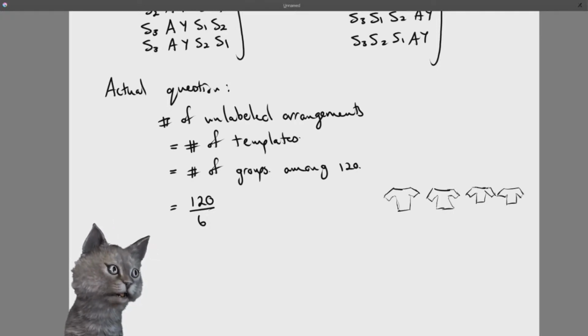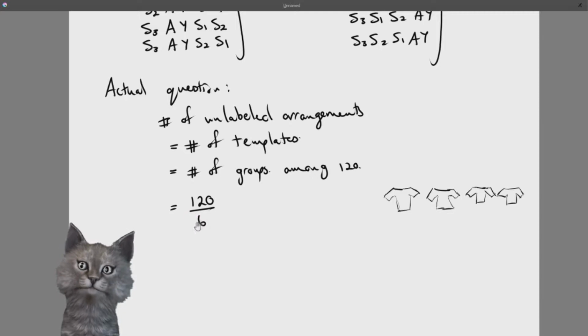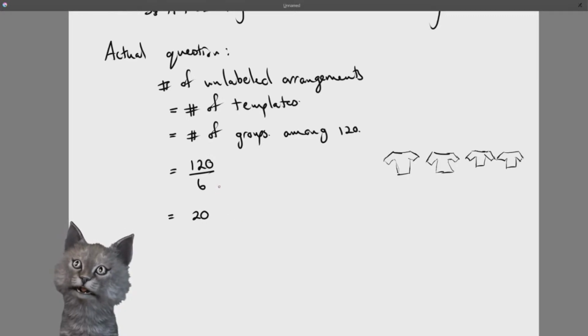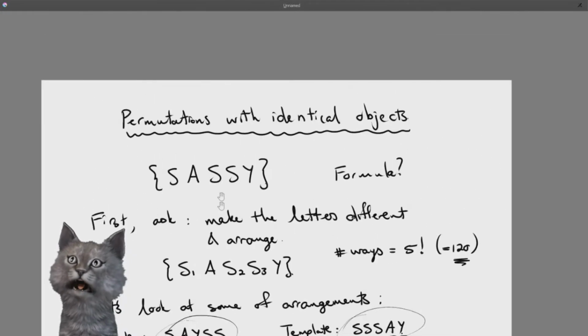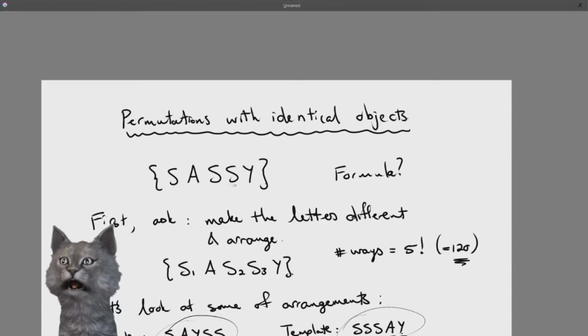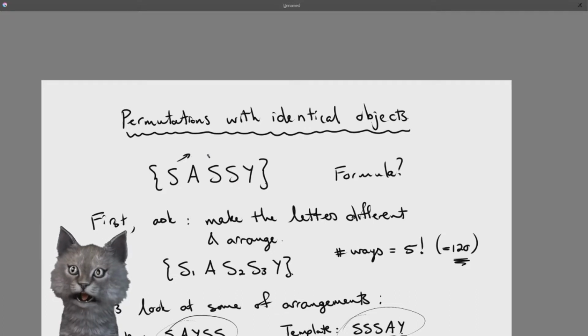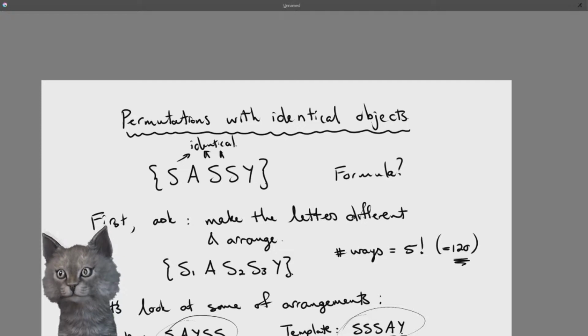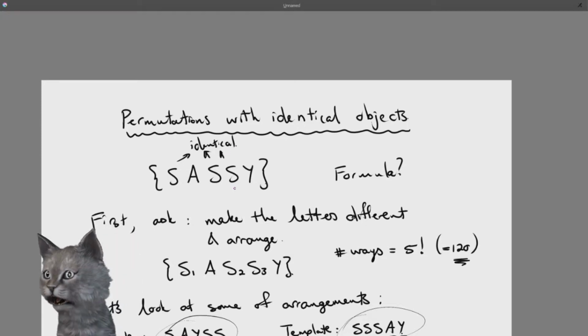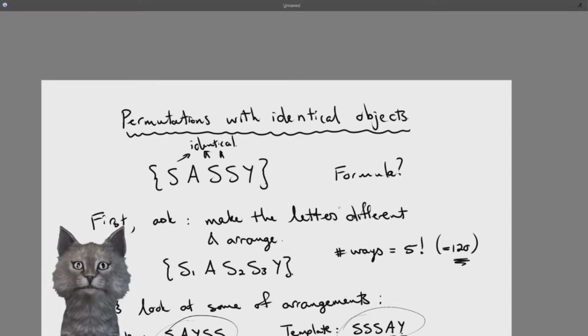That is the basic concept of division. So I can find my answer very easily as 20. Therefore, there are 20 ways to arrange the letters in Sassy where the S's are identical. Now, that's great for this question, but it doesn't help me find a formula.